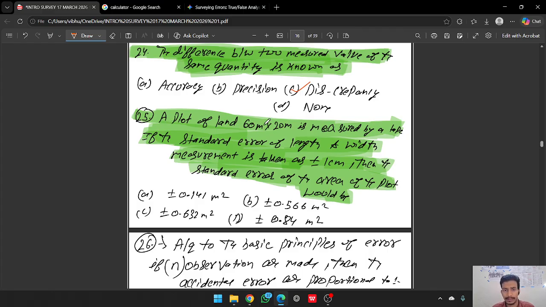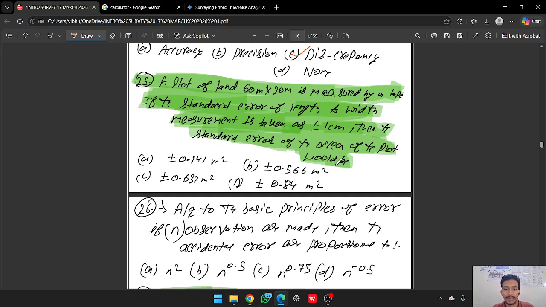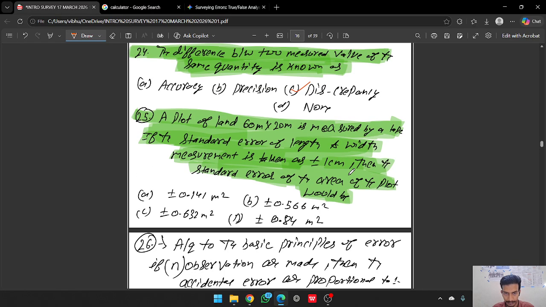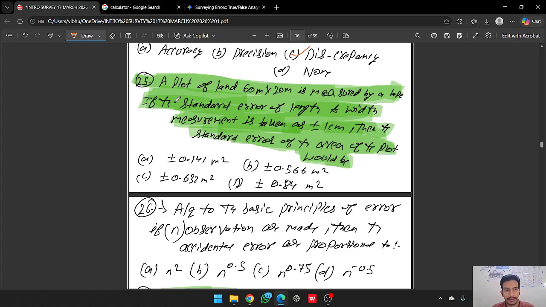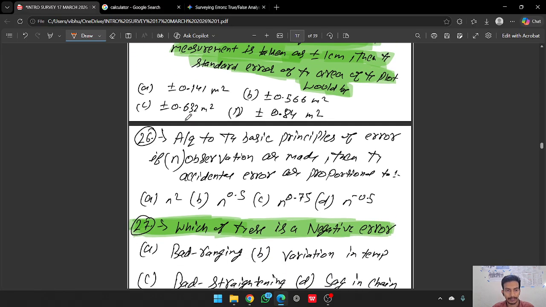Question 25: a plot of land 60 meters by 20 meters is measured by a tape. If the standard error of the length and width measurement is taken as plus minus 1 centimeter, then the standard error of the area of the plot would be... This is from tape or chain survey. We will discuss this in the second chapter.